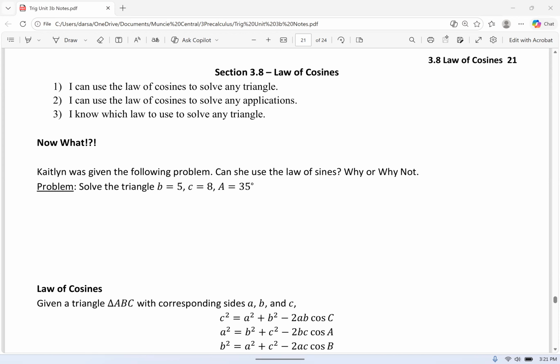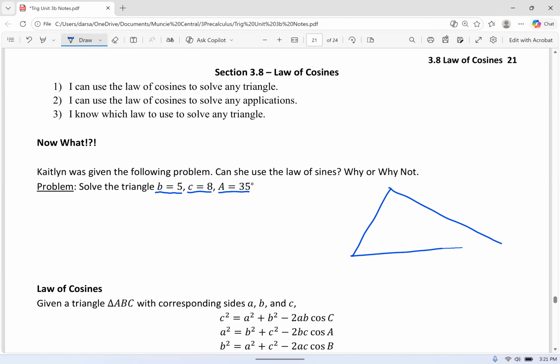Caitlin was given a problem and we just learned the law of sines. And so Caitlin says, okay, I know that I've got side b is 5, side c is 8, and angle A is 35. And I know how to draw a standard ABC triangle where angle A would be here and side a would be opposite that.